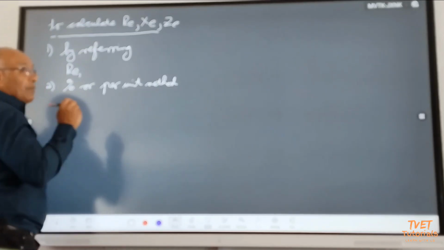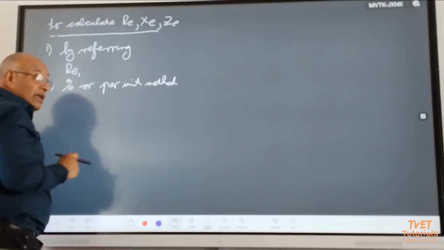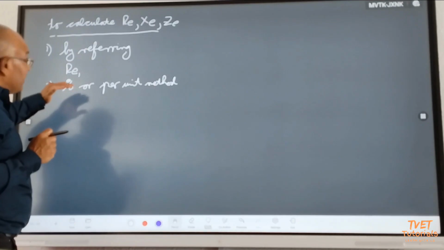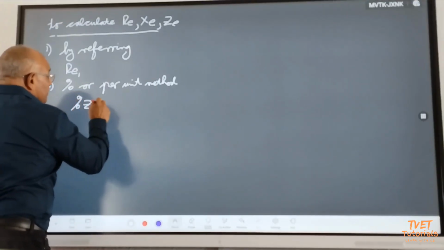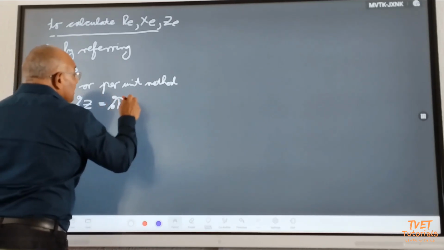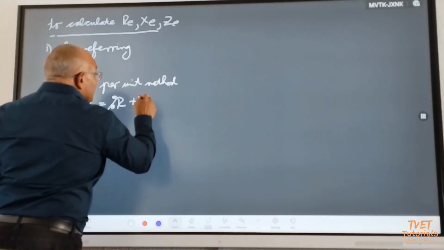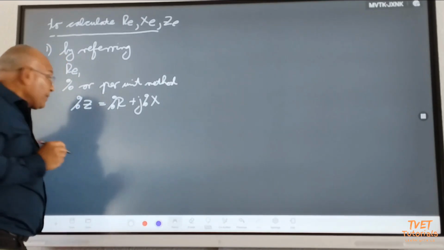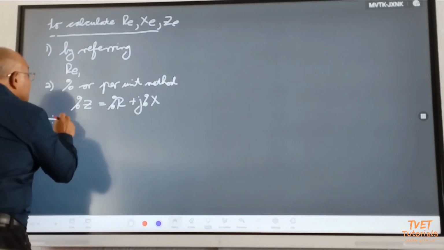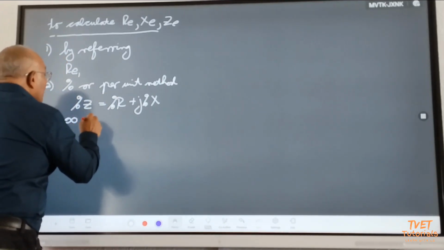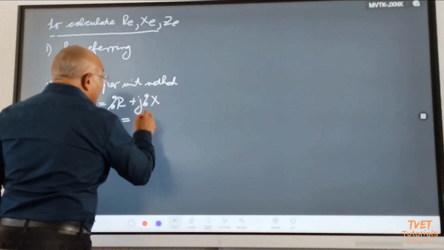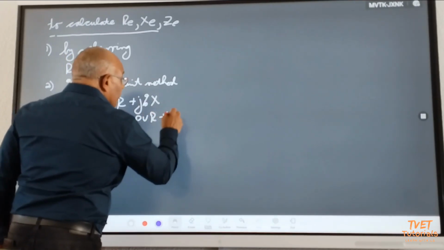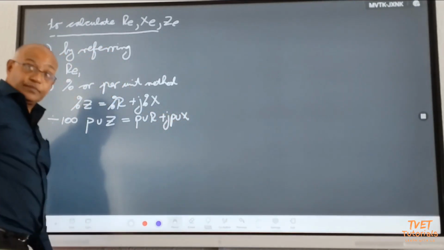When we look at this percentage there, I want you to impress upon the learners why the manufacturers of large transformers give us the percentage or per unit. If you take percentage Z, it's percentage R plus J percentage X. Correct? Dividing by 100 throughout, all you are doing is calculating per unit Z, which equals per unit R plus J per unit X.